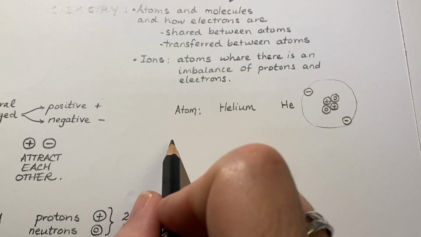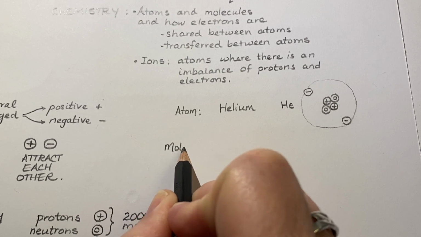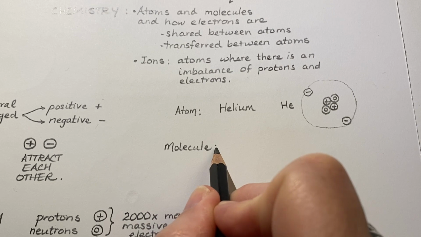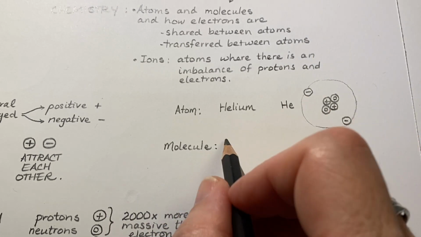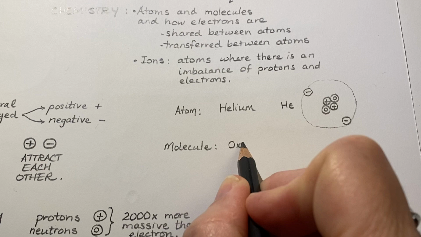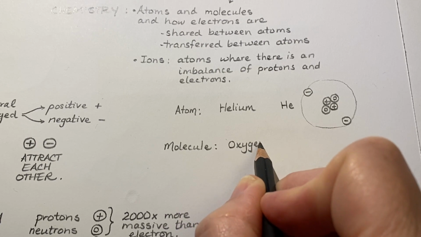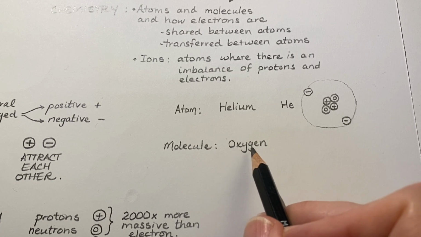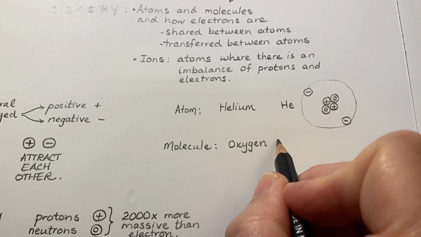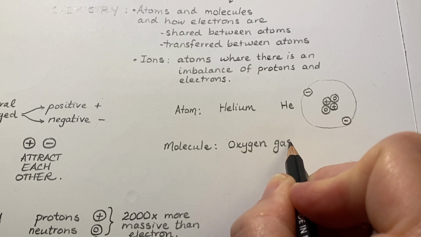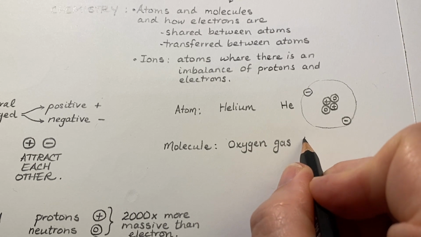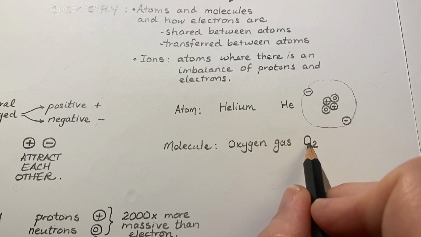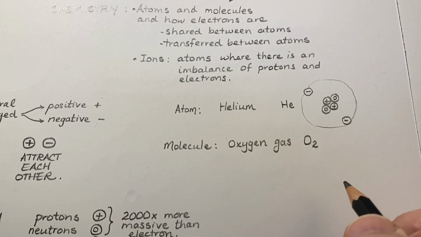A molecule. Let's look at oxygen, since I just gave that example. So this is where 2 oxygen atoms are together. Like with oxygen gas that we have in our air, it exists as O2 because there are 2 oxygen atoms that are bonded together.